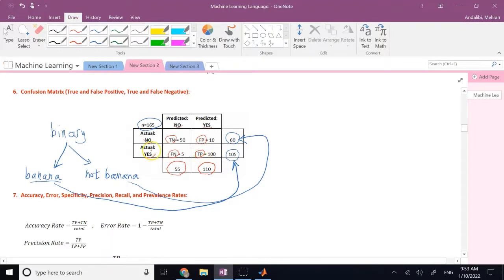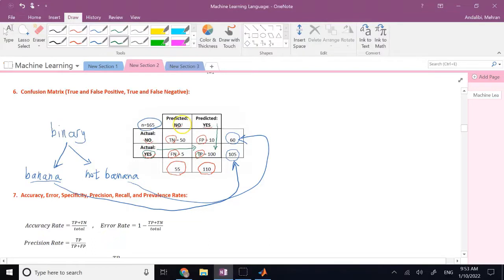Means it was actually a banana, and my algorithm could detect a banana. So it did the right job for a positive or yes case in this case, right? True positive. So it was a positive case and I did the job correctly, so it was true.